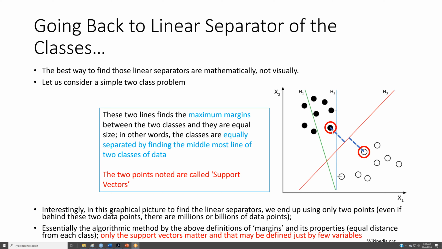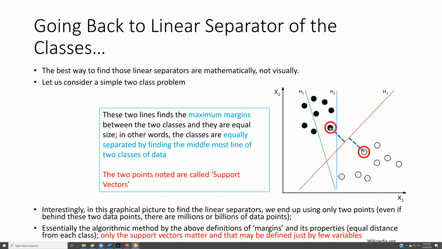The maximum margin is happening in this area, not between this and this, because these are the critical points. From now on, these are the critical points that define the maximum margin, and the special term for that is the support vector. The whole marginal distance between this collection of black points and white points is determined by only these two vectors.